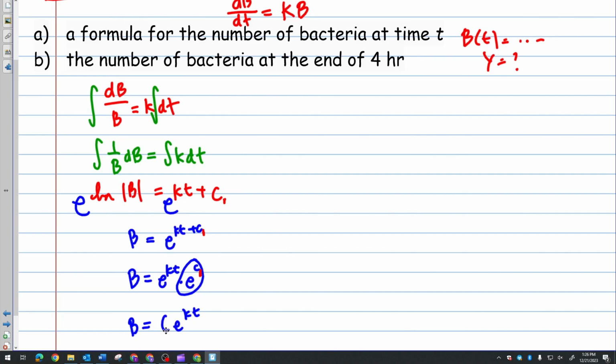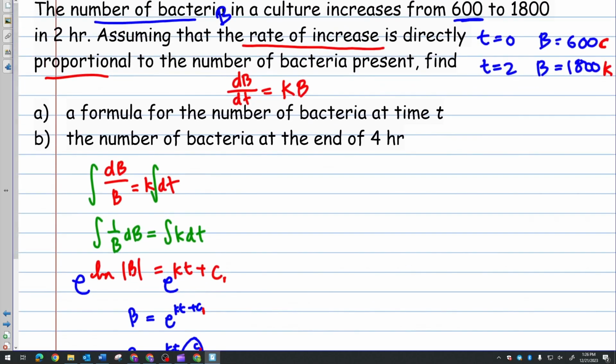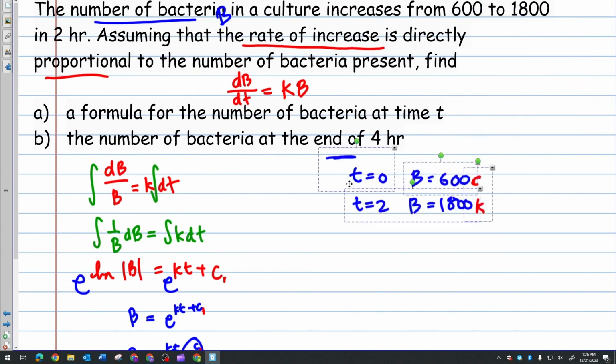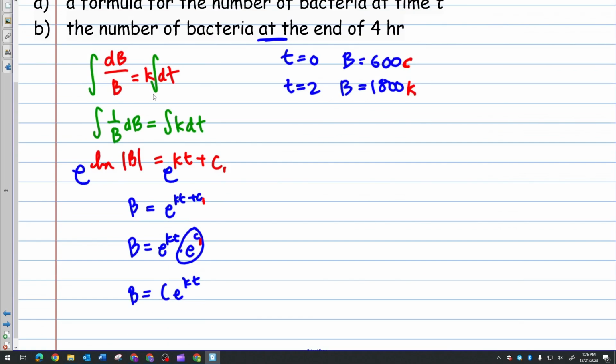All right, so first you separate, then you integrate, sometimes you exponentiate, and then you solve for c and for y. I've actually solved for y already, so now I just need to solve for c. In this problem, I actually also need to solve for k. So I'm going to use the initial condition here to solve for c, and then the second condition to solve for k.